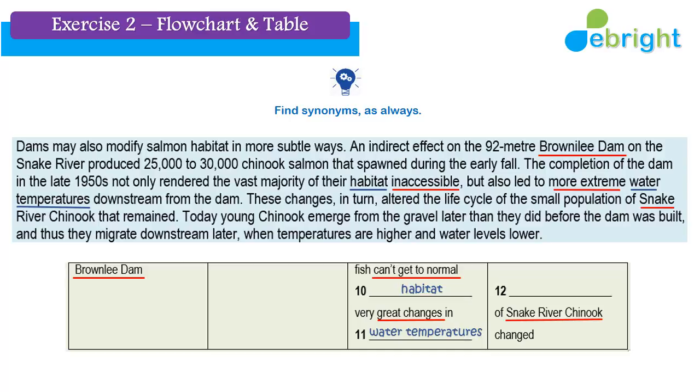You've got Snake River Chinook in lines 4 and 5, and the next keyword is change. So you've got a synonym, altered, in line 5. So what change? The life cycle. So you should write life cycle for number 12. Great.